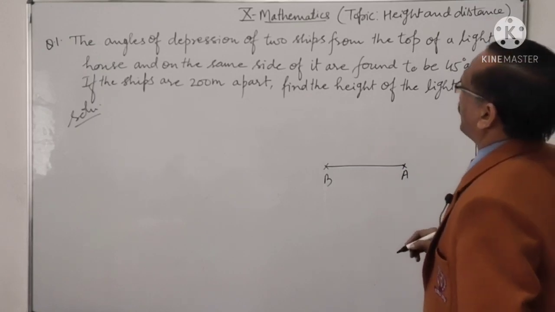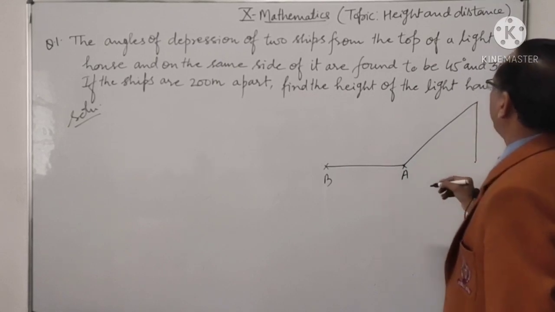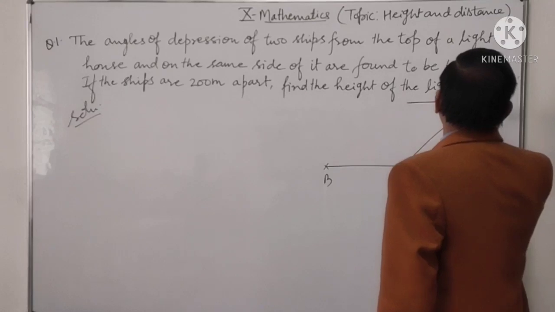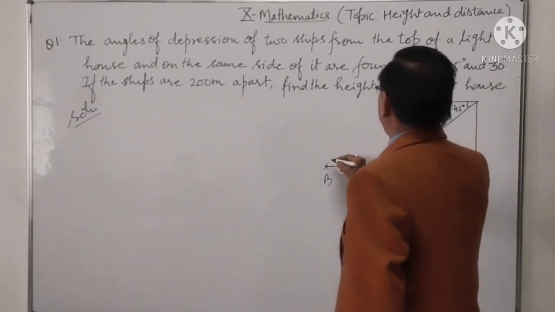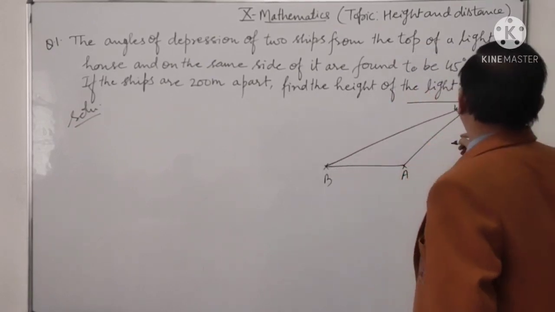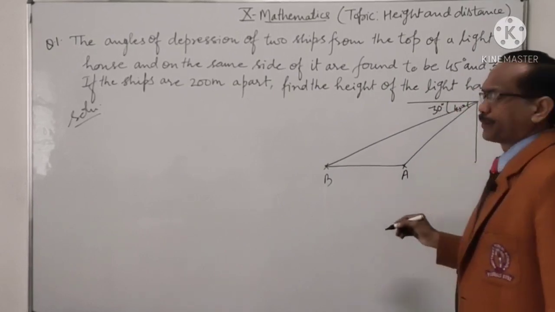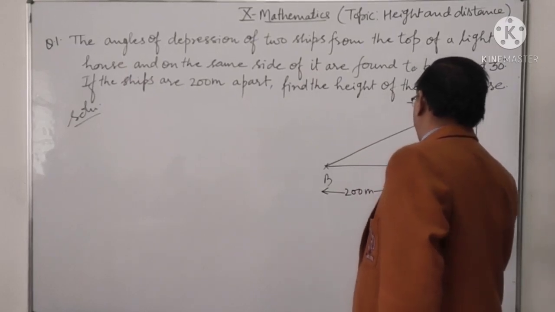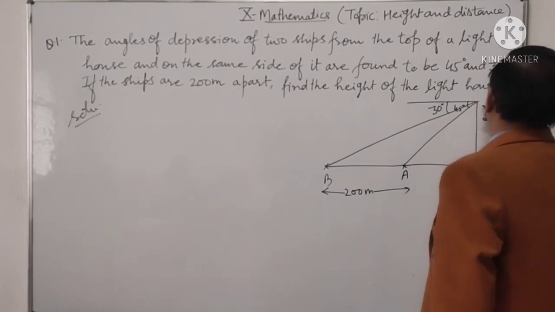The angle of depression of the first ship is 45 degrees, and of the second ship it is 30 degrees. These ships are 200 meters apart. Find the height of the lighthouse.